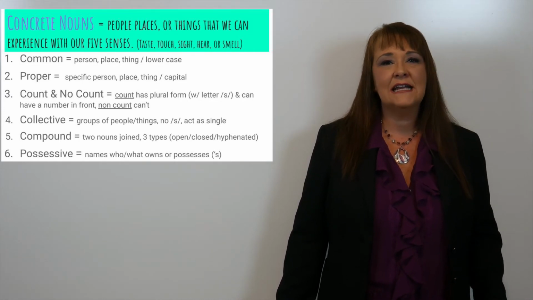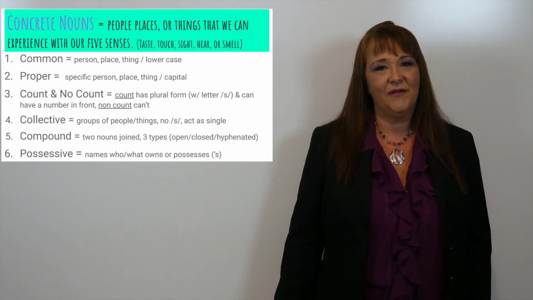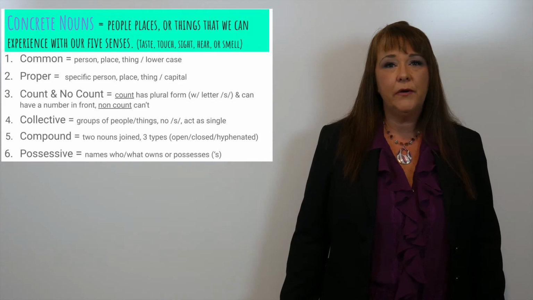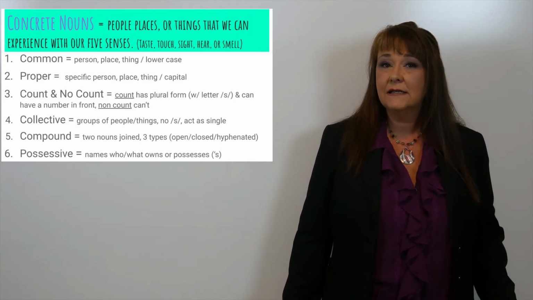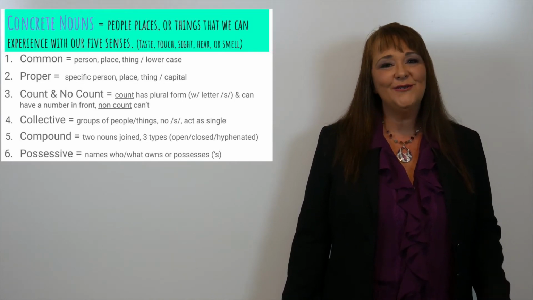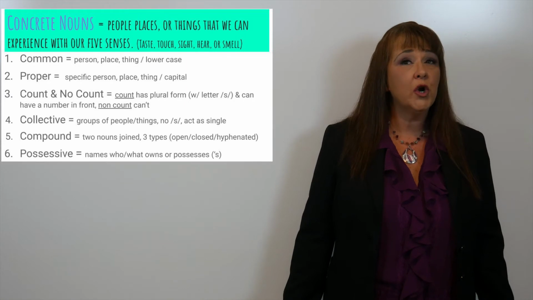Now, the next type of noun we have is called a collective noun, and that refers to groups of people or things that is more than one, but we do not use the plural S marker at the end of the word.